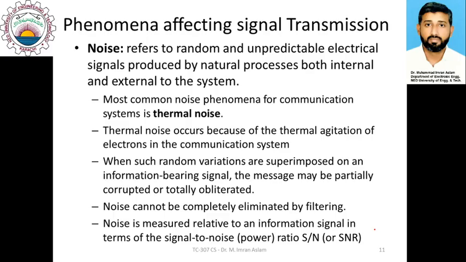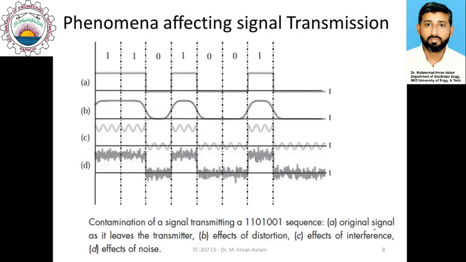All three of them affect the waveform shape. As I illustrated in this diagram, in all cases, if you have distortion or interference and noise, the waveform shape gets changed, and eventually all of these lead to some loss of information.